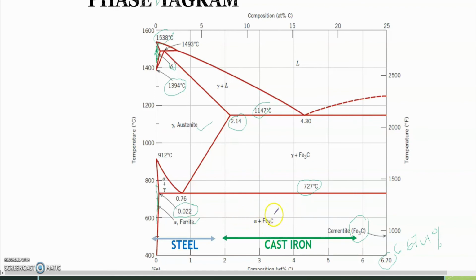So, it gets the soft and ductile properties from ferrite, while hard and brittle are from cementite.